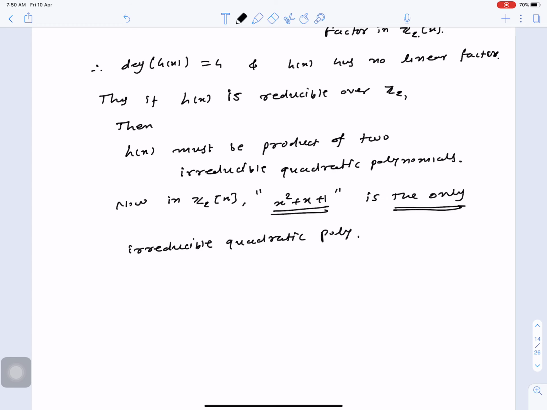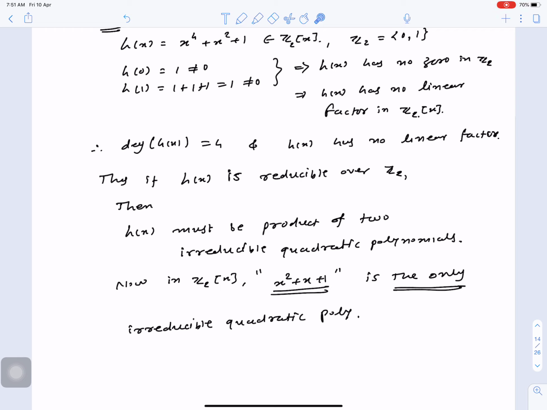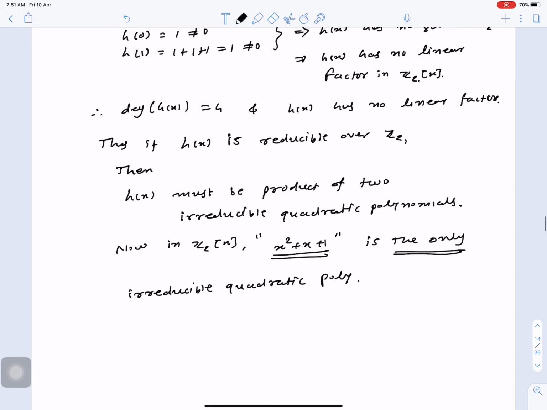Now to have h(x) reducible over Z2, it must be product of two quadratic polynomials, and this is the only quadratic polynomial which is irreducible over Z2. So if h(x) is reducible, then it must be product of this polynomial with itself. So let us check whether it is so or not.